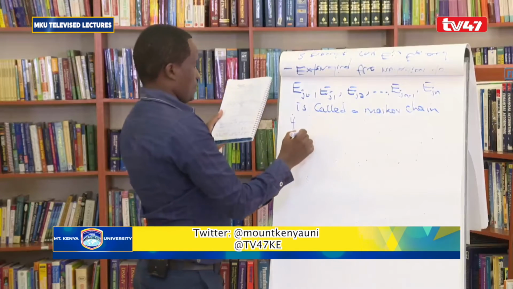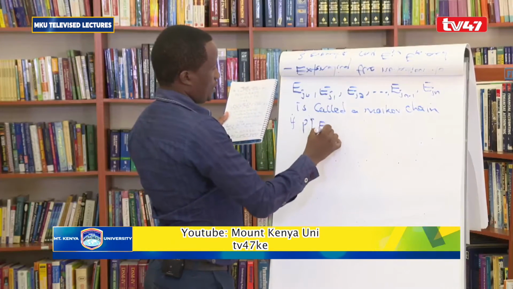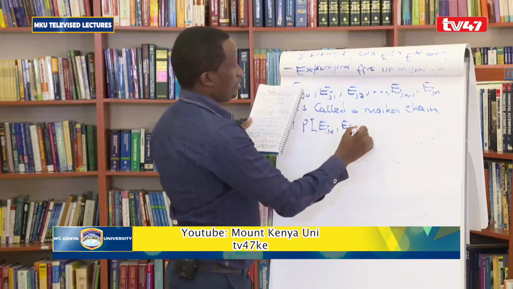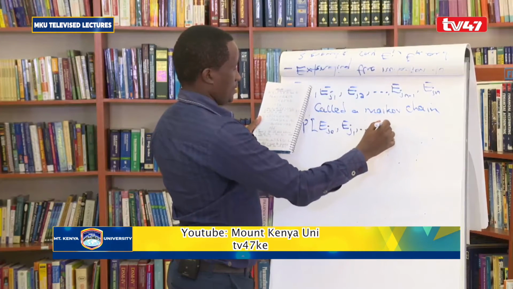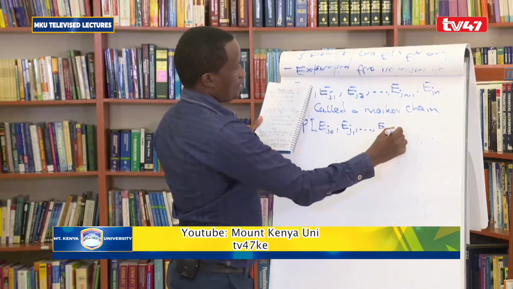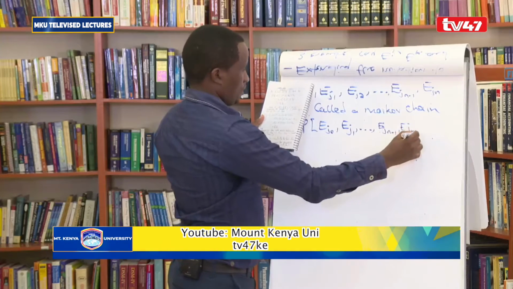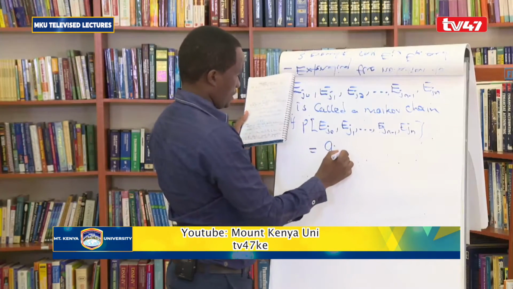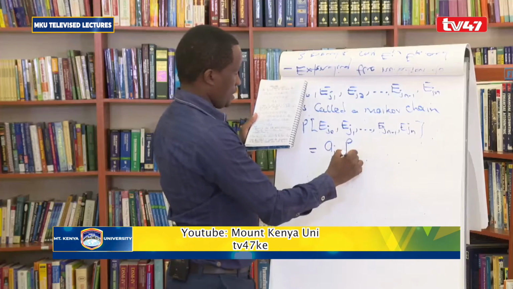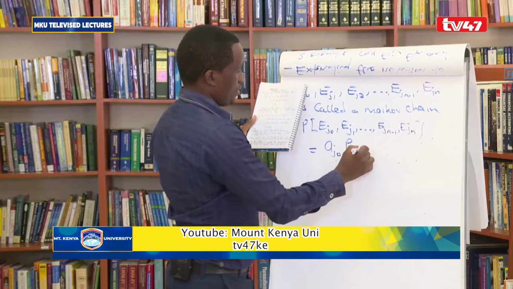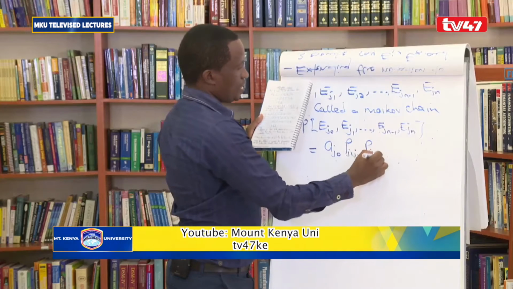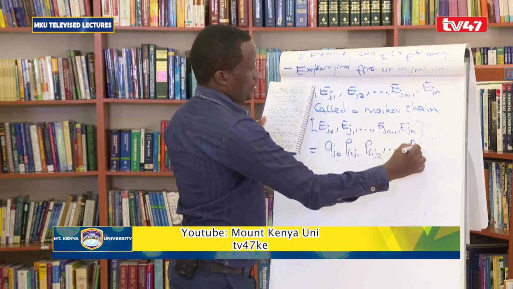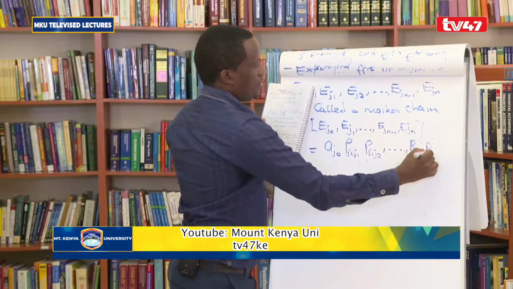If the probability of event J naught, event J1, all the way to event Jn-1, event Jn, is equal to AJ naught, PJ1, then PJ1J2, and this continues all the way to PJn-1Jn.